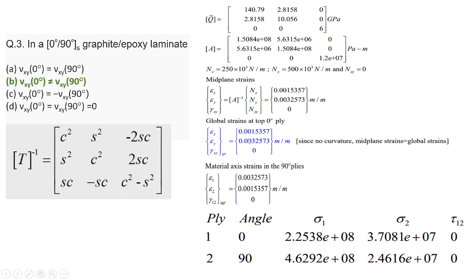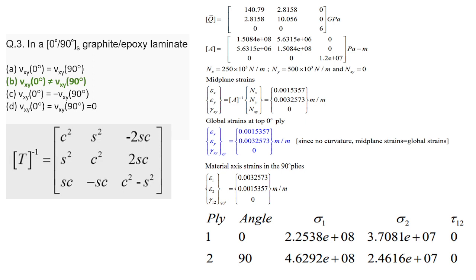As you can see, by comparing the strains of 0-degree and 90-degree, the strain in x direction of 0-degree is equal to the strain of 90-degree ply in y direction, whereas the strain in y direction of 0-degree ply is equal to the strain in x direction of the 90-degree ply, which means that the strain values of the 0 and 90-degree in x direction are not equal.